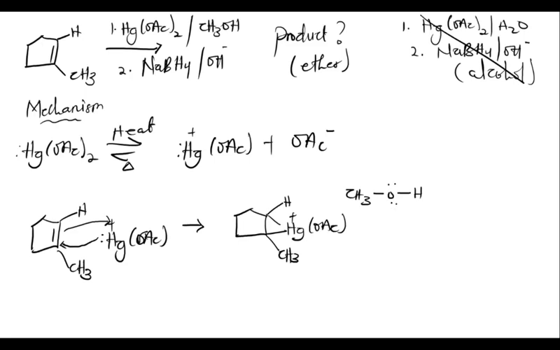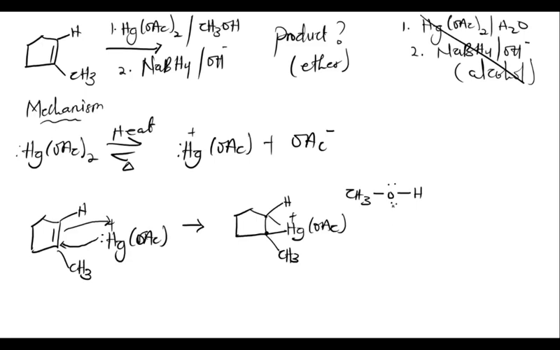Between these two carbons that initially bear the double bond, this carbon over here is the most substituted carbon because it has one alkyl group attached to it, whilst this carbon has only, no sorry, this carbon has two, let me see, 1 2 3, yes, 3 alkyl groups attached to it, and this carbon only has 2 alkyl groups attached to it. So this is our most substituted carbon.